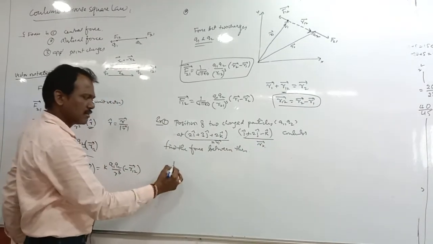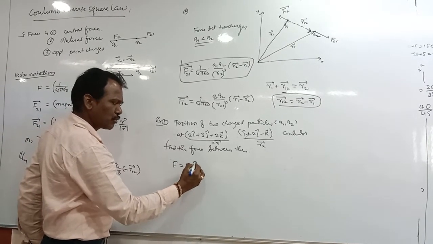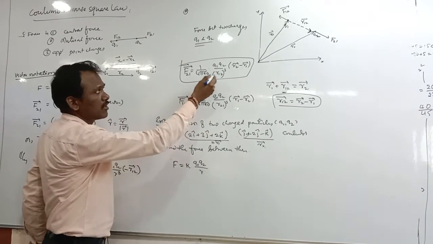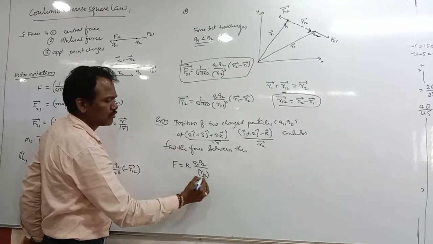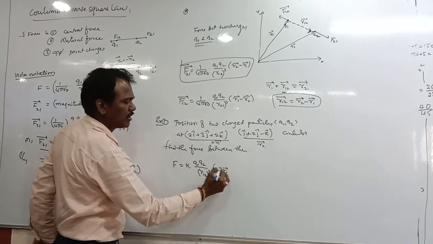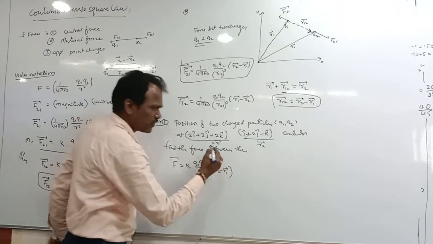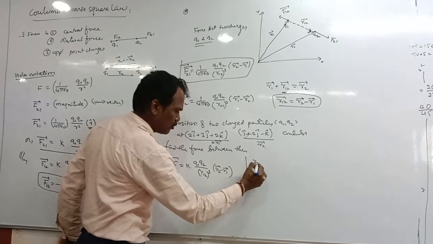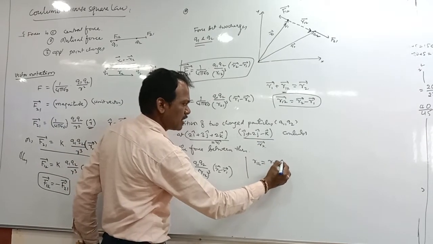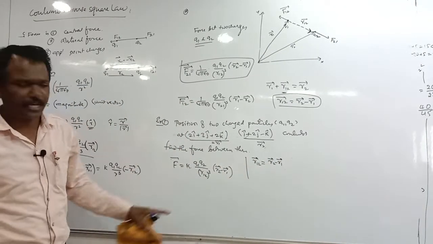What can we write? F is equal to K into q1 q2 by r12 cube into r2 minus r1 bar, in vector notation. So first find r12, which is r2 minus r1. Later you find its magnitude.